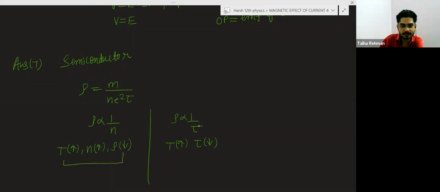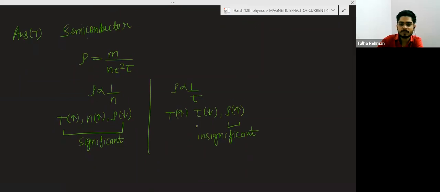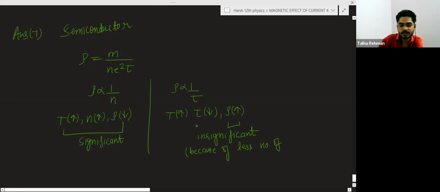So the relaxation time decreases, meaning resistivity should increase, but this factor is insignificant because of the less number of charge carriers.